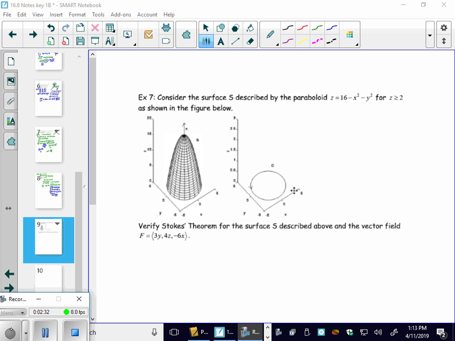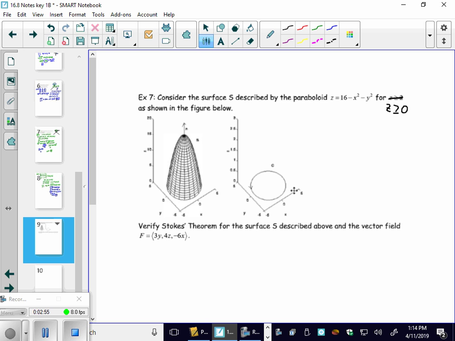All right, example 7, consider the surface S described by the paraboloid z equals 16 minus x squared minus y squared, as you see in the drawing on the left. And there's a typo that should say z is greater than or equal to 0, not 2, as shown in the figure.